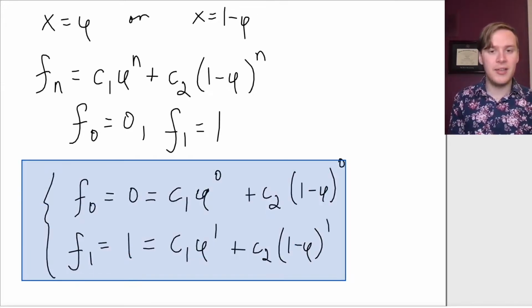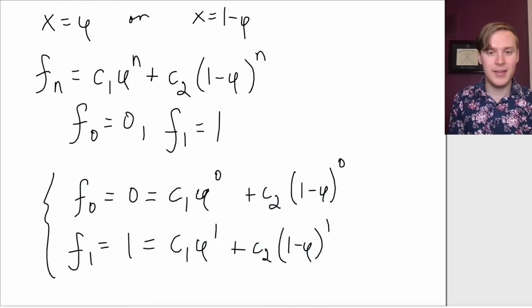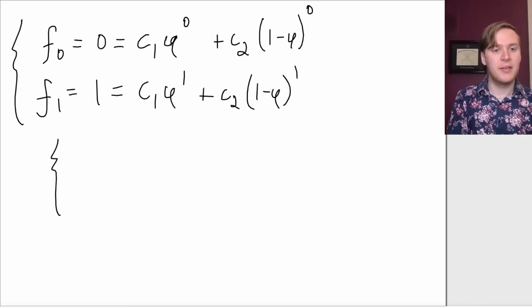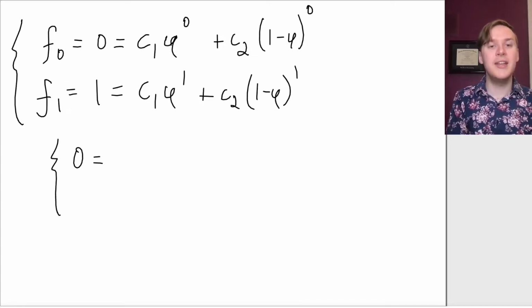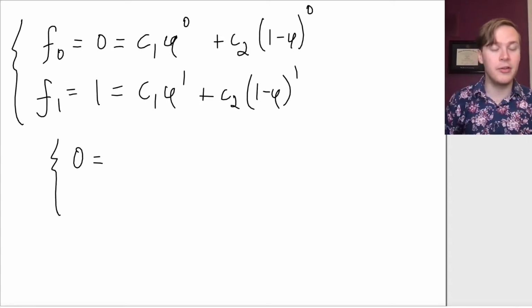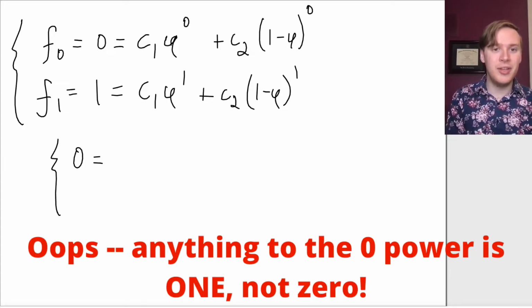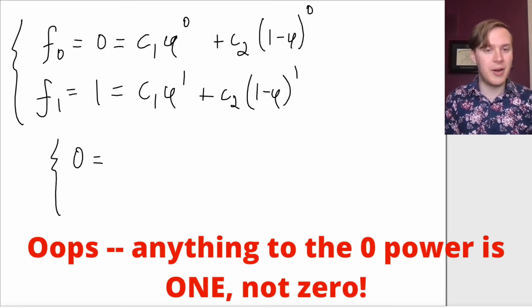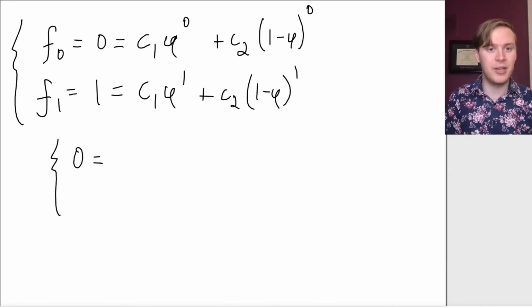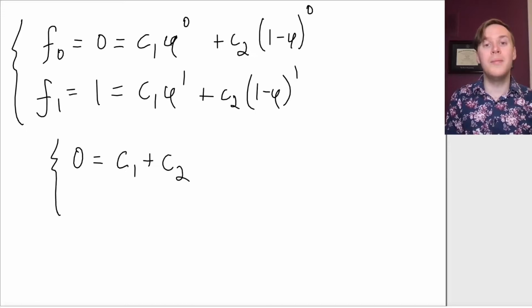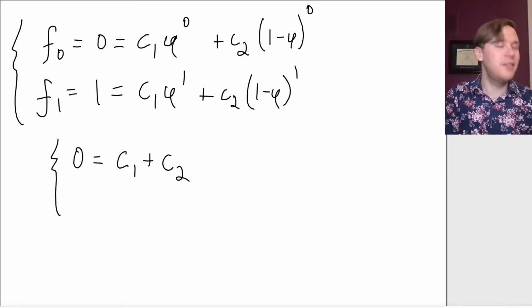Now, if we simplify these equations just a little bit, well, we get this. The 0 is equal to, well, anything else to the 0 power will just become 1. So C1 times phi to the 0 power, well, phi to the 0 power is just 1. So we get C1 plus C2 times 1 minus phi to the 0 power, which is still just 1.